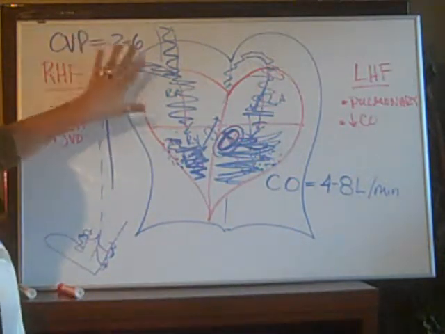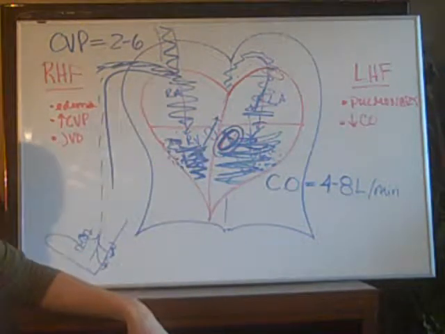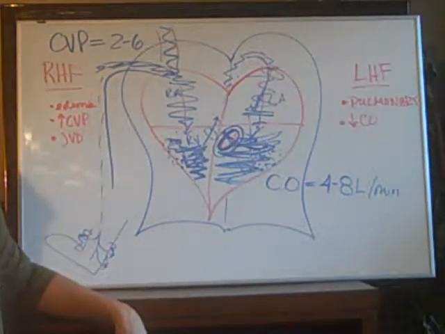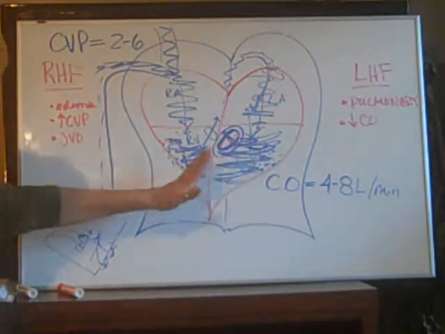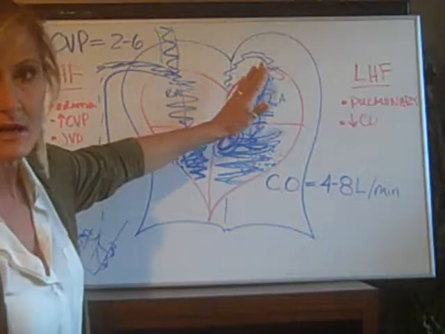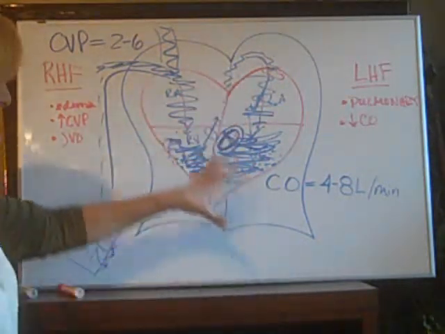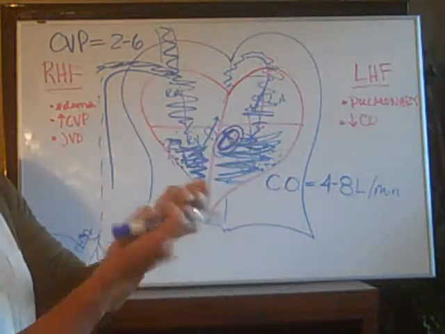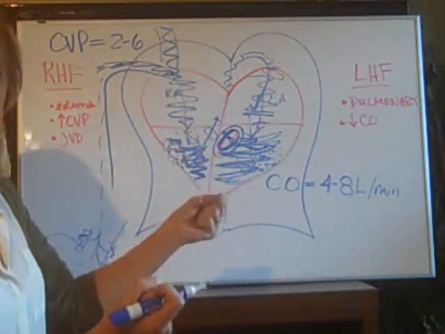They have hypervolemia and right-sided heart failure. But the treatment is the same. So you want to reduce the preload. You're going to want to put them on a diuretic so there's not as much blood going up into the pulmonary system. You want to put them on DIG because the right ventricle is contracting as well. That'll help increase the contractility of the heart.